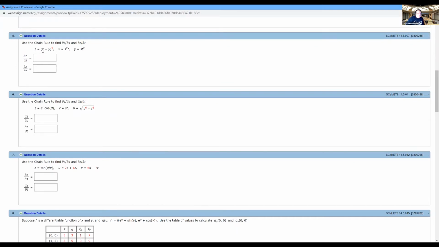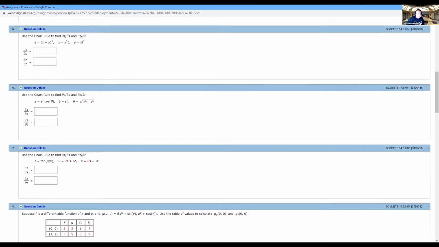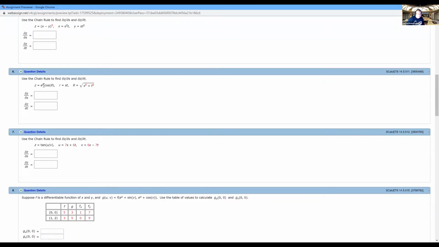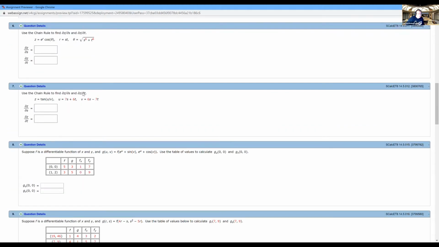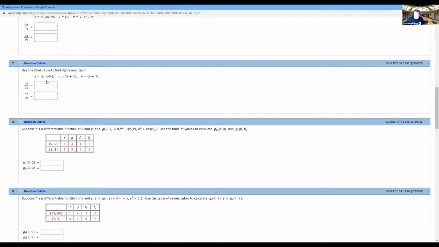Here's z as a function of x and y, but x and y are now functions of s and t. We kind of did that type of question yesterday. Here's another one where z is a function of r and theta, and r and theta are functions of s and t. It's a linear one. Oh, I think I'll do this one. I don't think I did anything with a tan.